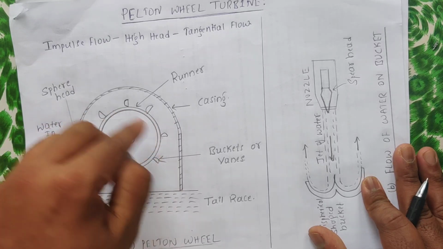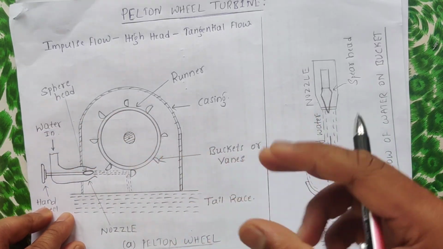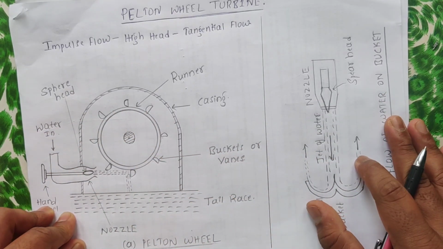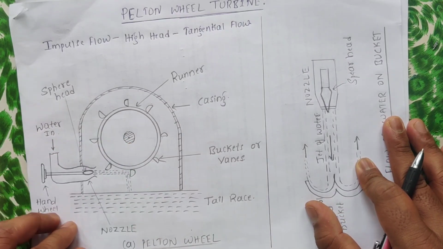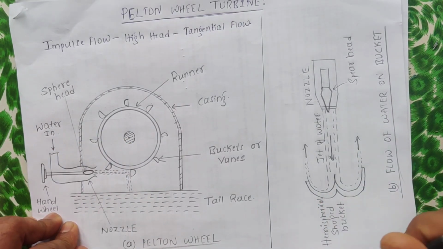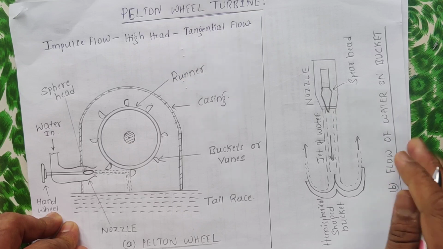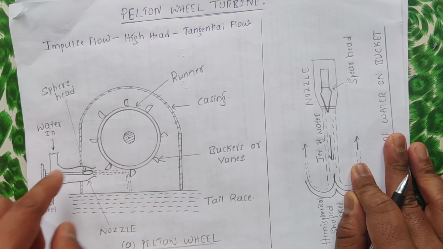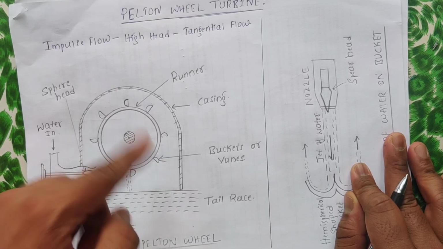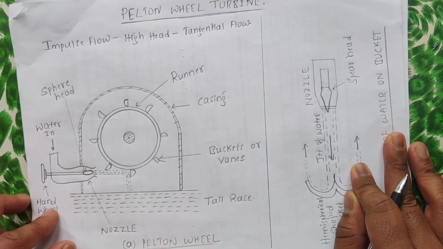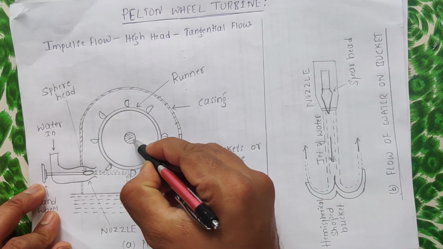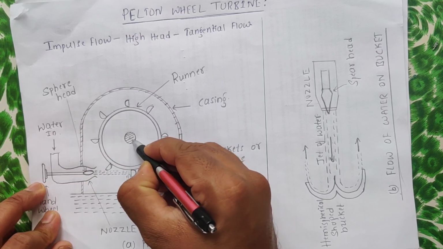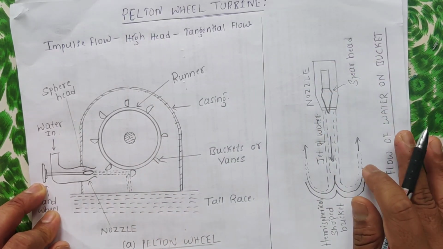This turbine is coupled with a rotor. Once the turbine rotates, even the rotor rotates, so there is a production of electricity. That means the mechanical energy of the turbine is converted into electrical energy. As you can observe, this is the shaft, the common shaft for the turbine as well as the rotor.